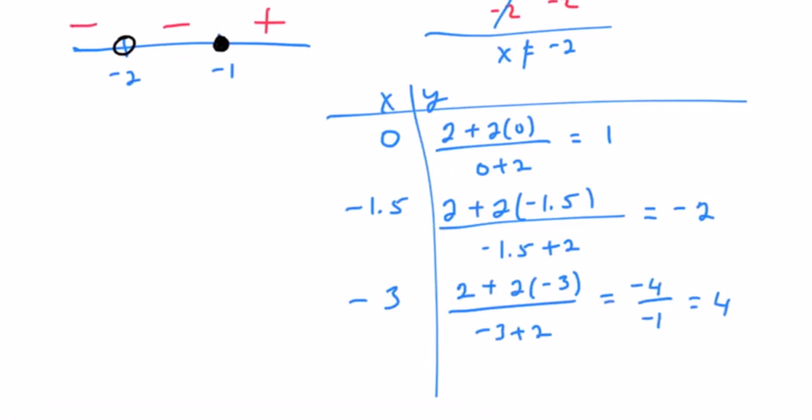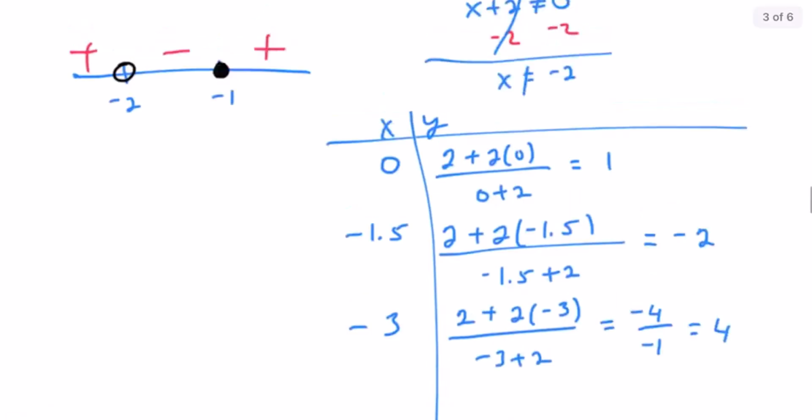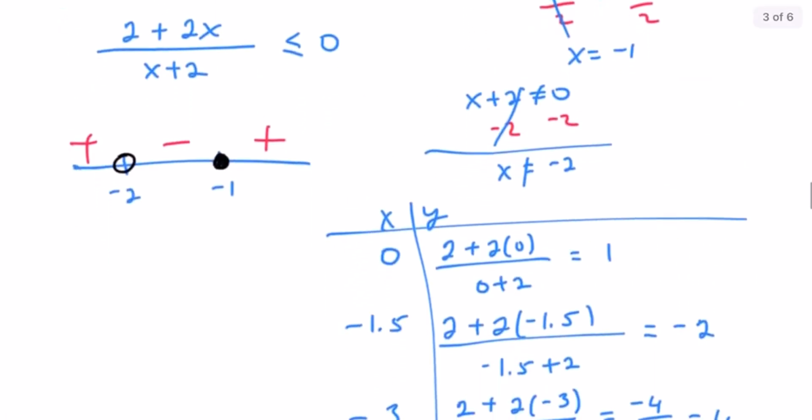So it is a positive interval. Our inequality is less than or equal to, so that means we want the negative interval, not the positive interval. So our answer here is parenthesis -2 up to -1 bracket.